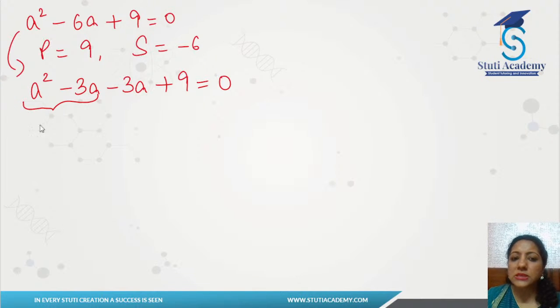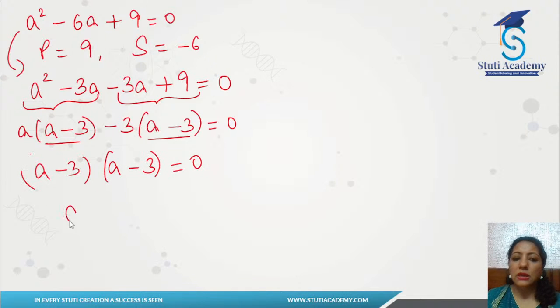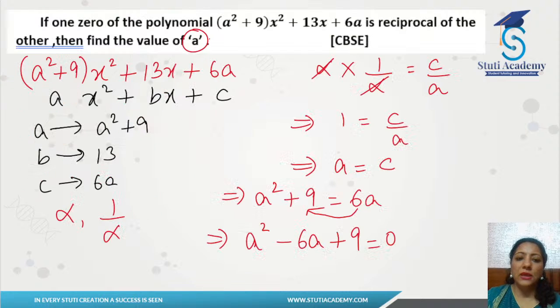In the next step, we'll take a common here and we have a − 3. And here we will take minus 3 common. So, we have a − 3 again. We can see here we have a − 3 common. We'll take this outside and we will be left with a − 3. So, here a is 3, 3. In both the cases, we're getting 3. So, finally, the required value of a is 3.